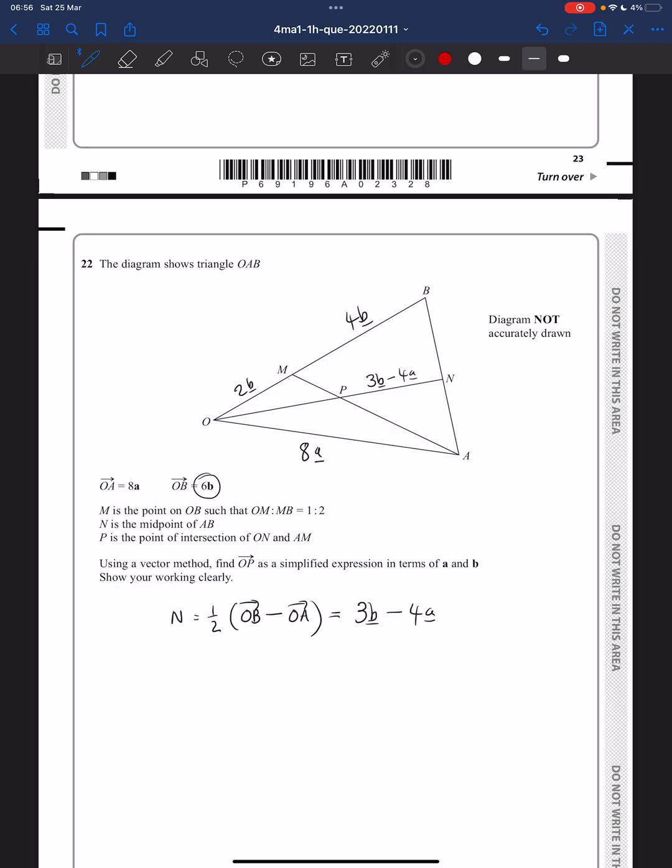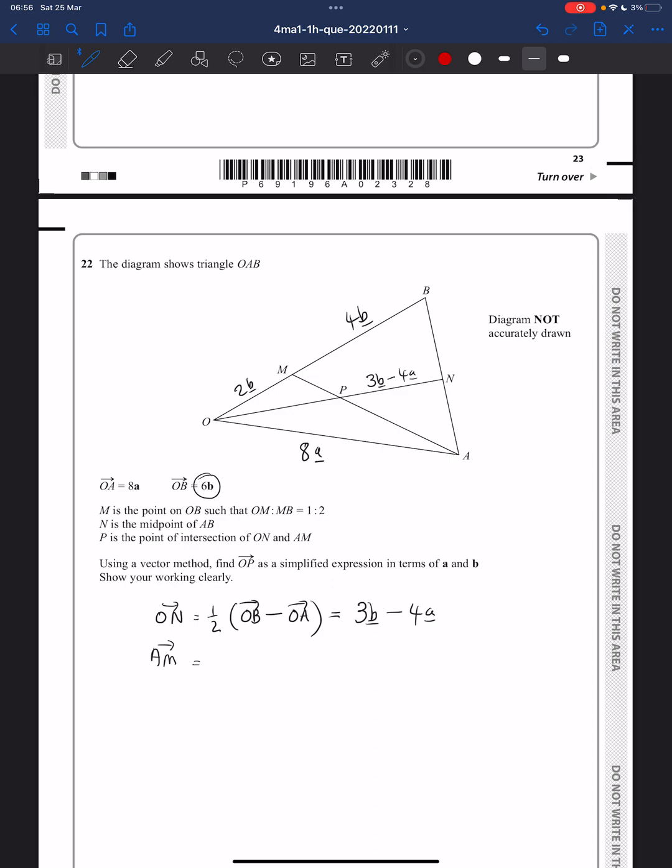And we need to find O to P. Okay. A to M, O to N. Right, that's O to N equals that.